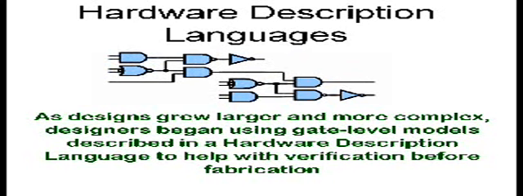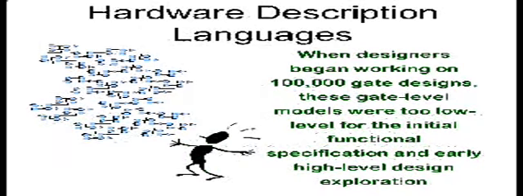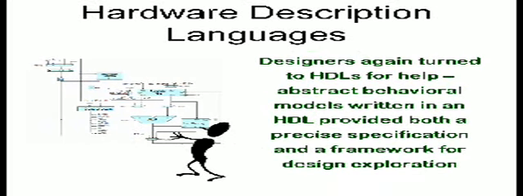It also can be described as standard text-based expressions of the spatial and temporal structure and behavior of electronic systems. In contrast to a software programming language, HDL syntax and semantics include explicit notations for expressing time and concurrency, which are the primary attributes of hardware.